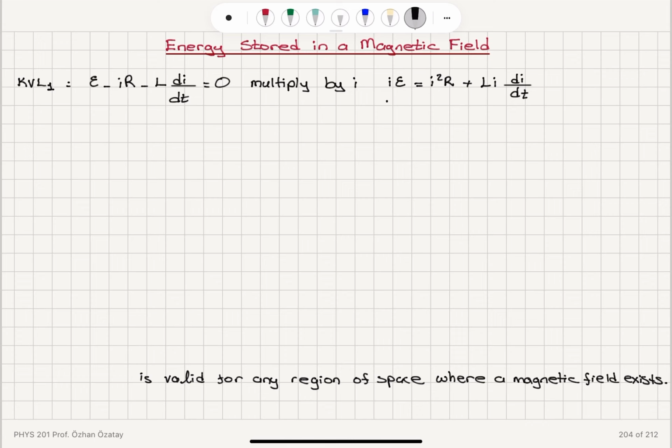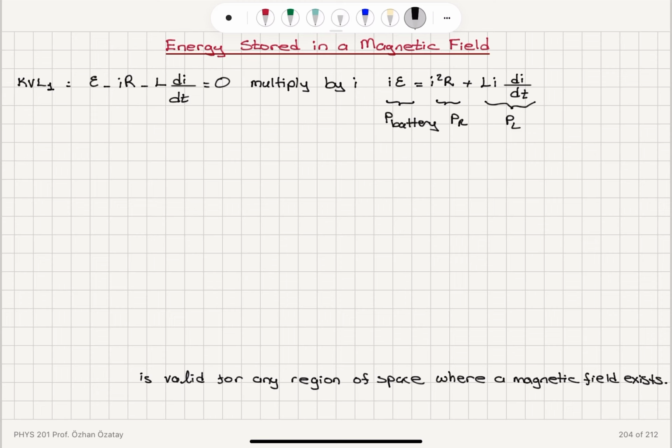So this is the power delivered by the battery. This is the power on the resistor, and this will be the power on the inductor.